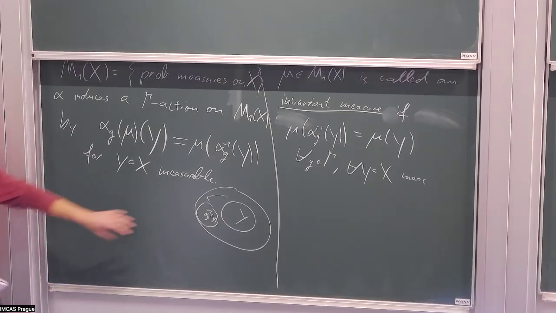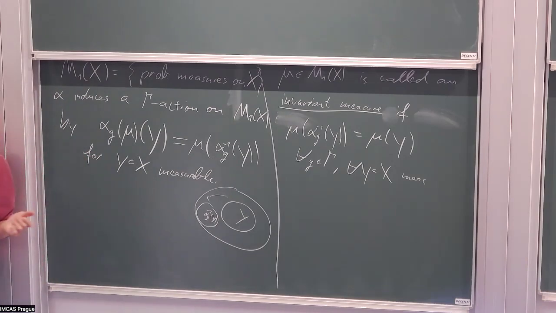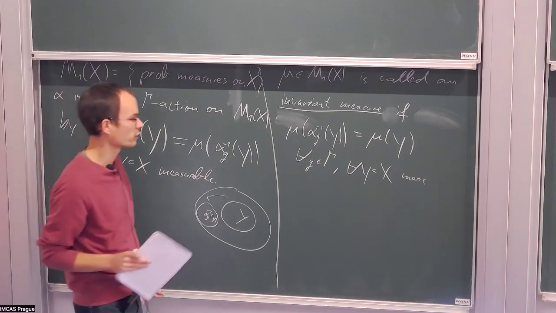I can move it around as much as I want, its measure will always stay the same. An example would be the shift on the real line. If I shift an interval, it's not going to change its measure.